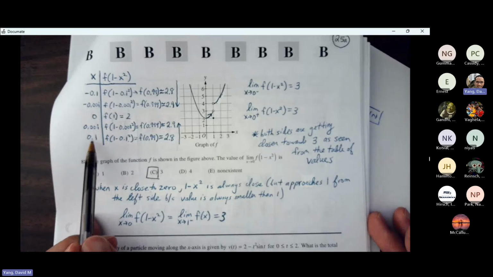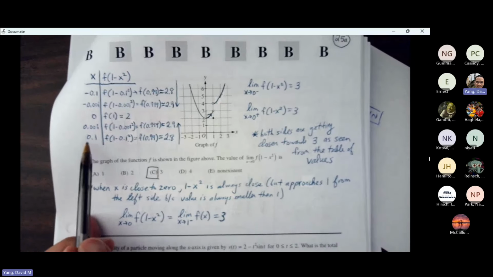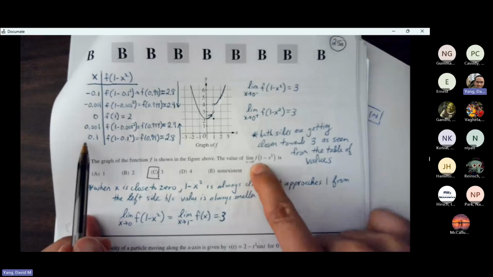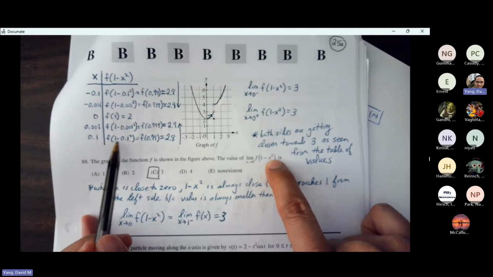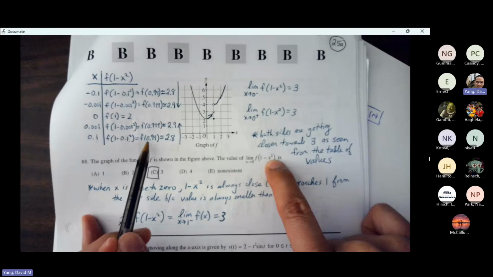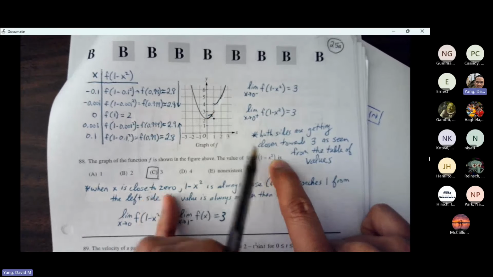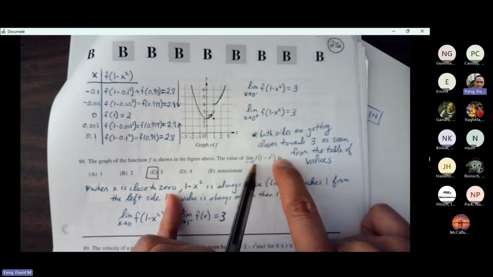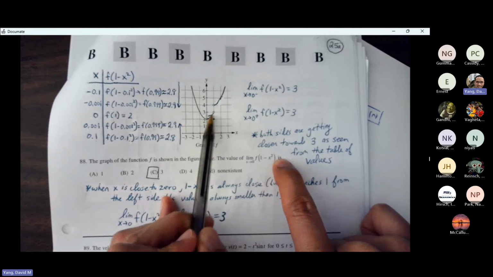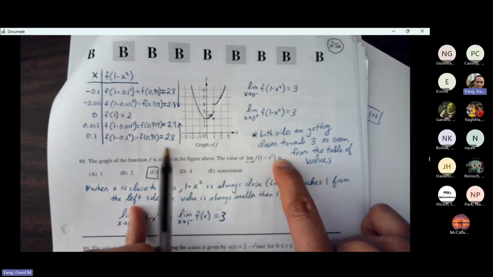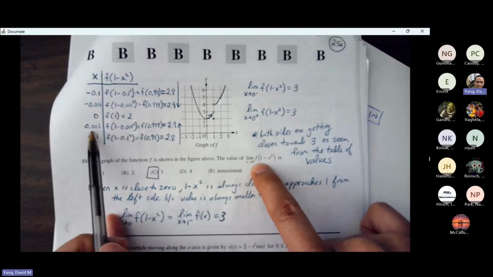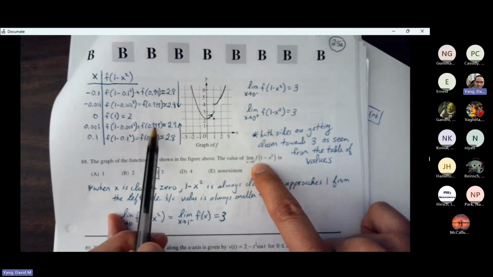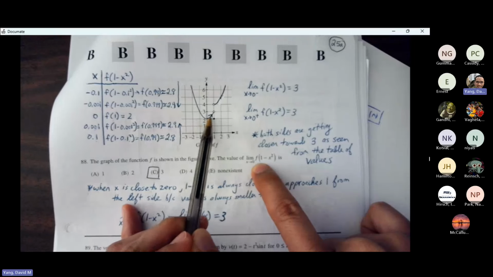So let's choose a value that's relatively close to 0 from the other side of 0. If I plug in 0.1 for this expression, 1 minus 0.1 squared is still f of 0.99. So it's still talking about this side. That x squared is forcing every number to still always come from this side. So I'm still getting 2.8, right? And then f of 0.0001 is even closer, f of 0.999, and it's still 2.9.